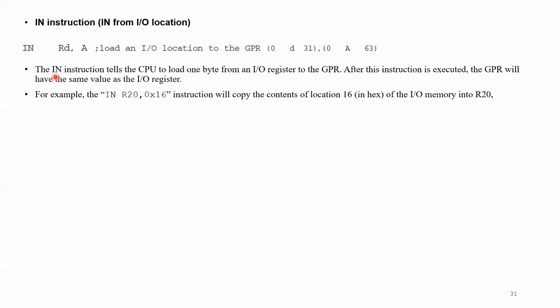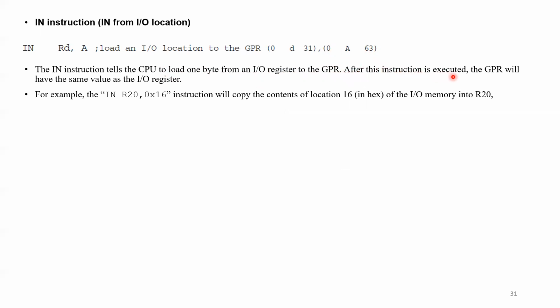Here, the IN instruction tells the CPU to load one byte from an input-output register, which is from 0 to 63, any memory location of this one, to the general purpose registers from R0 to R31.